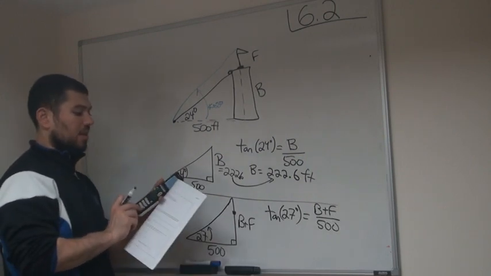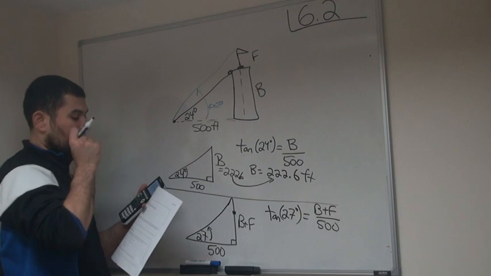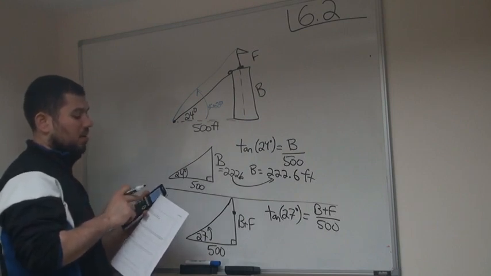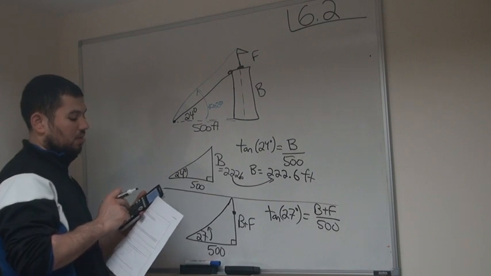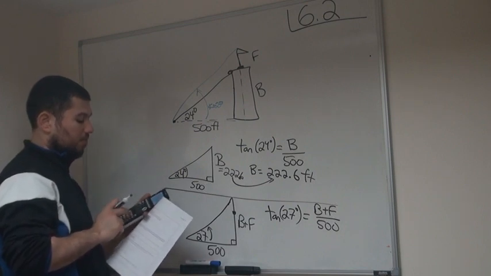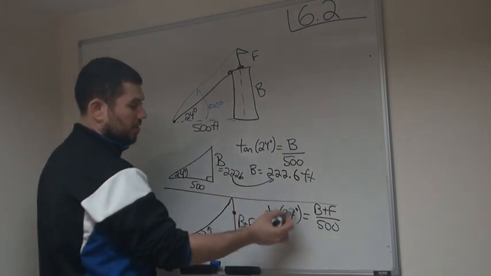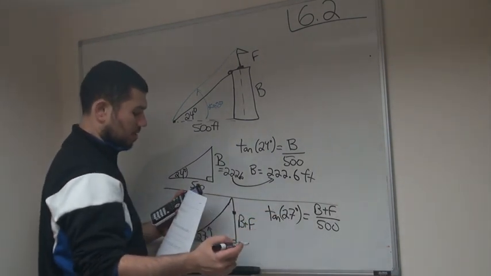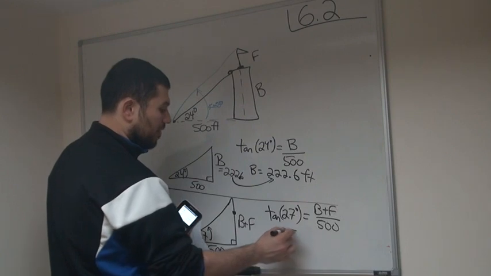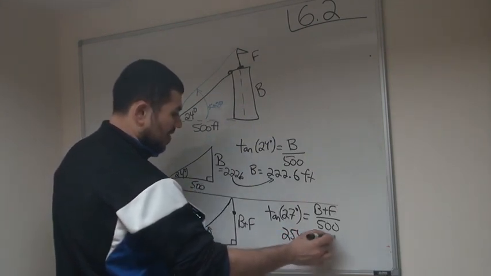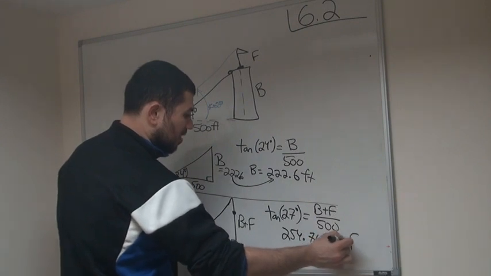We have a 27 degree angle here. The tan of 27 is 0.509. Then I'm going to multiply the result by 500, because we're going to cross multiply here. Tan of 27 times 500 gives me 254.76. That's the building plus the flag.